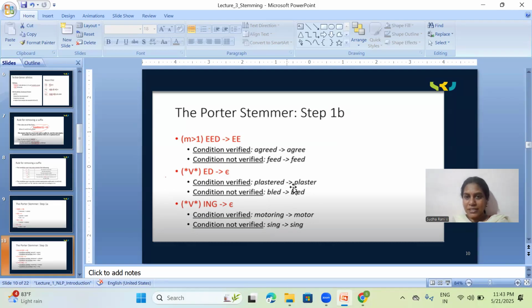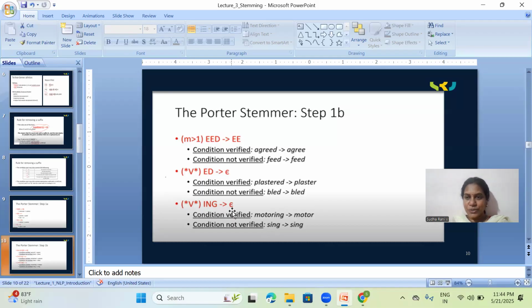So the value is only plaster. This is a satisfied condition. Bled tends to bled, because you are not replacing anything, so both are equal and the condition is not satisfied.